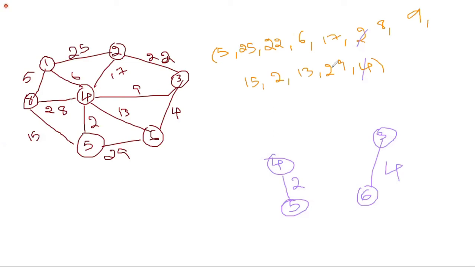Next minimum one is 5. Where are we getting that 5? 1 to 0, 0 to 1. Okay, 5. Next minimum one is 6.